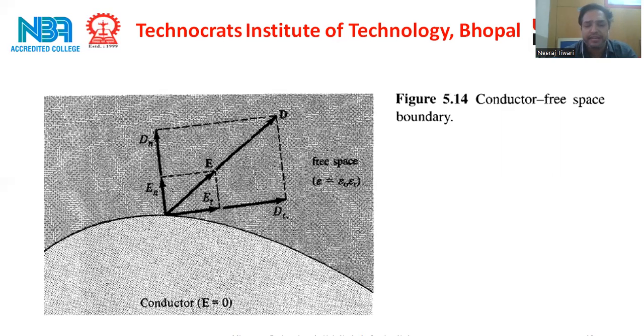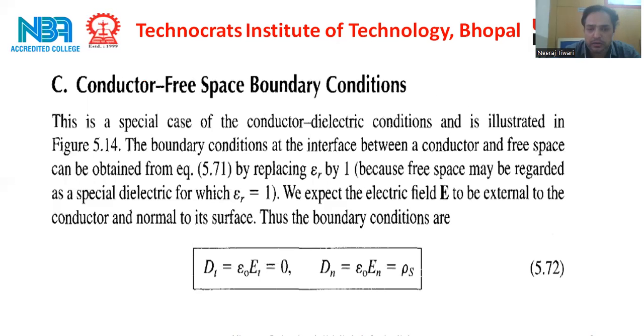In free space, epsilon is equal to epsilon naught into epsilon r. Undoubtedly, epsilon r is equal to 1 for free space, and the formula will be the same except epsilon r would be 1.